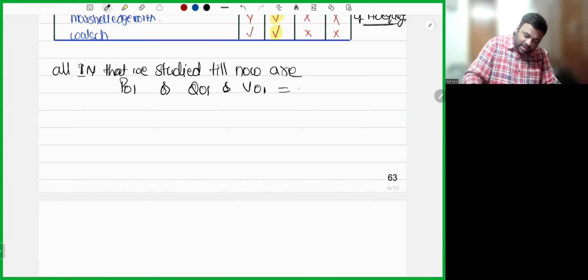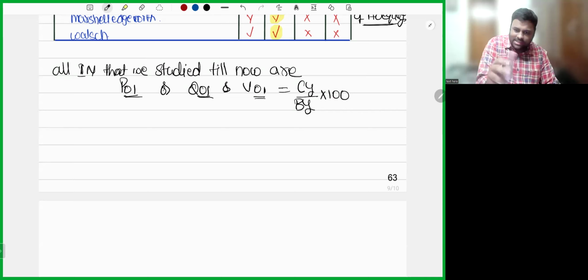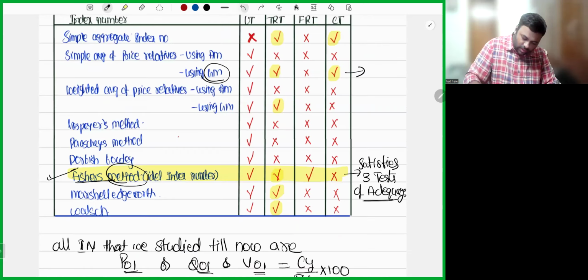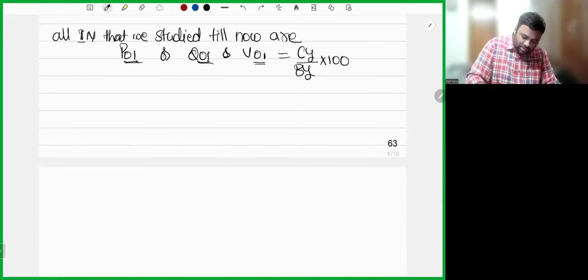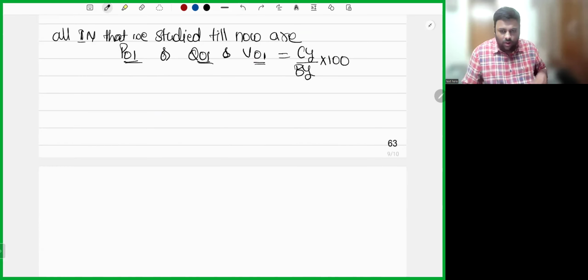If you write current year divided by base year into 100, they are called 01. You will read it in reverse: 01 means current year by base year, not base year by current year. P01 means current year upon base year. Q01 is current year upon base year. V01 is current year upon base year.